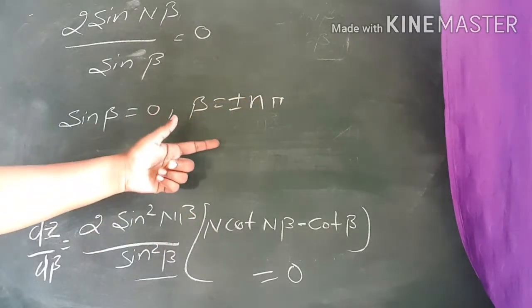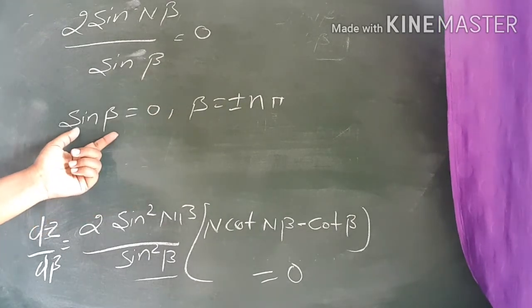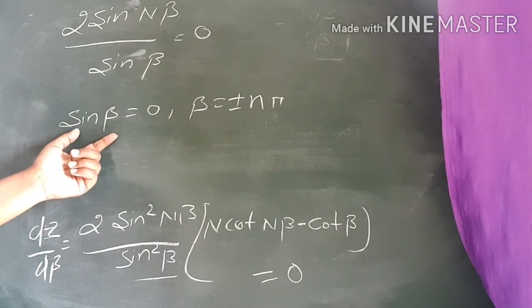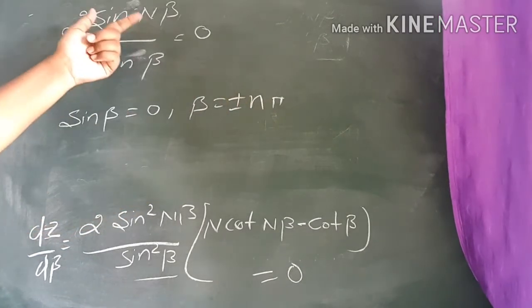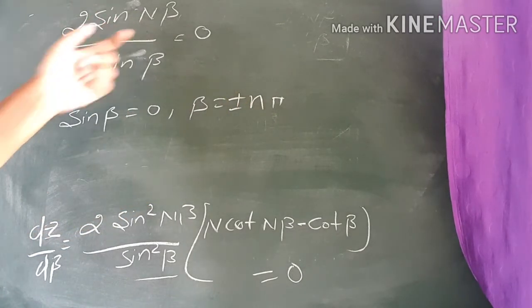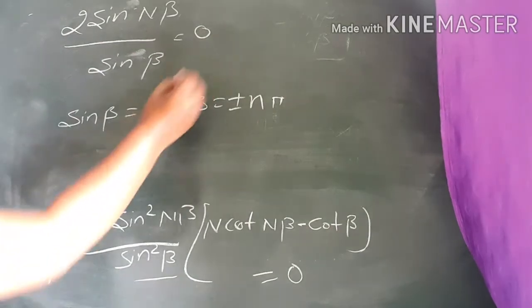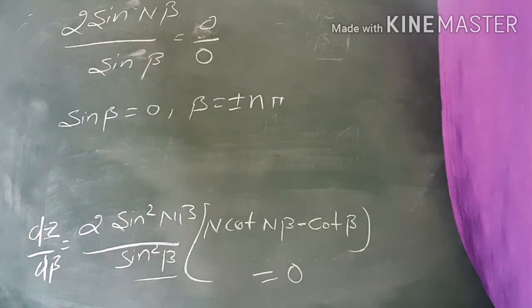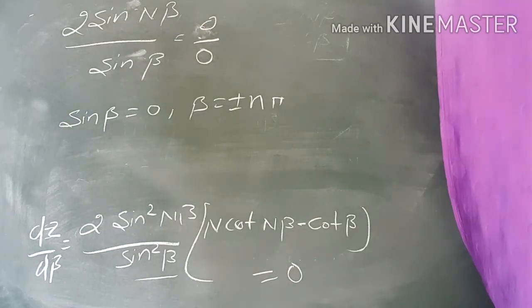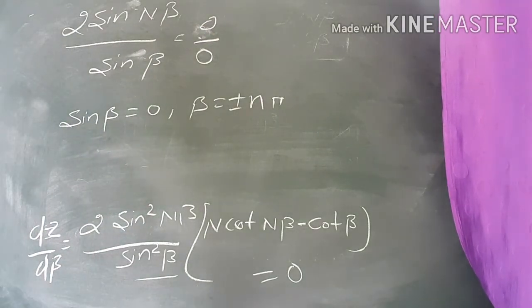For beta equal to plus minus n pi, sine beta is equal to 0, and for beta equal to plus minus n pi, this term is also equal to 0. So we have a 0 by 0 term, which is indeterminate. So we have to apply L'Hospital rule.